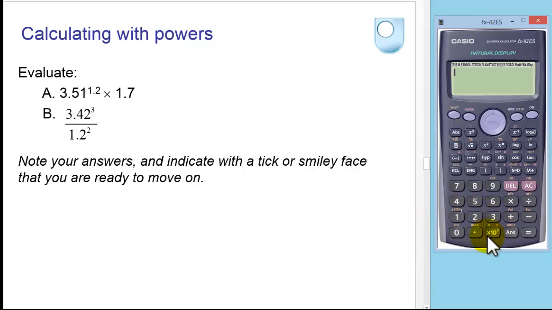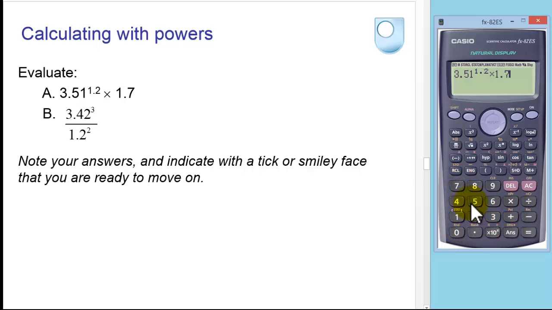So if you look at 3.51 to the power of 1.2 times 1.7 on the calculator, it's possible to put that in exactly as shown on the screen. So we've got 3.51, then x to the power of 1.2. I've accidentally put 12 there, so put 1.2. Then I need to press the right arrow here to take me out of the exponential function, and then times 1.7.